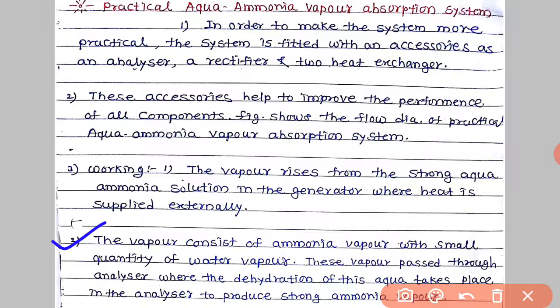So what is the use of the analyzer there? The analyzer is used for dehydration of water vapor. In ammonia vapor, water vapors are also present, so it is necessary to remove the water vapor from the system. The analyzer is used for removing water vapors from the ammonia vapors.